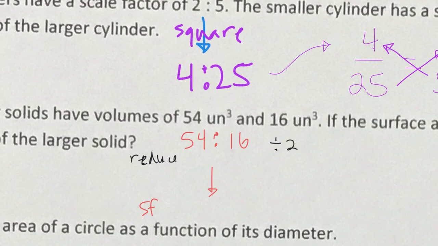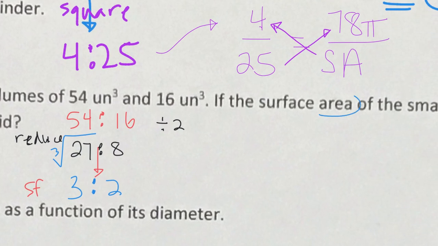So when we divide them by 2, we get an actual volume ratio of 27 to 8. Now 27 is a perfect cube, and 8 is also a perfect cube. So now we can figure out what their scale factor is by taking the cube roots of these things, and we get a scale factor of 3 to 2. The cube root of 27 is 3, and the cube root of 8 is 2.